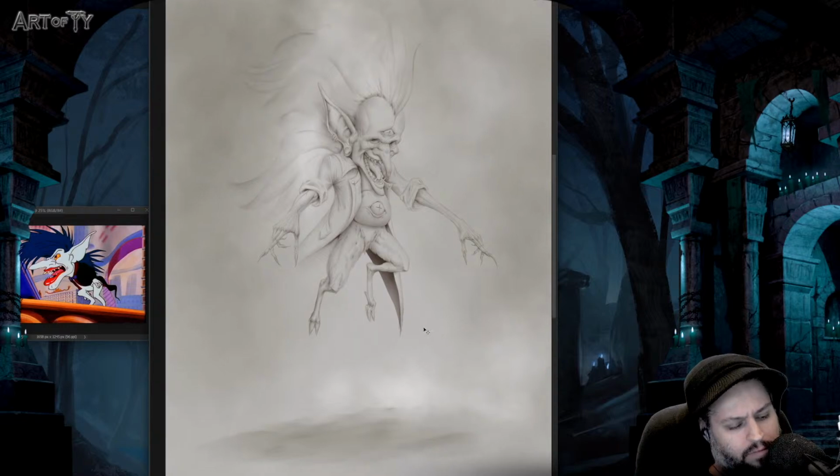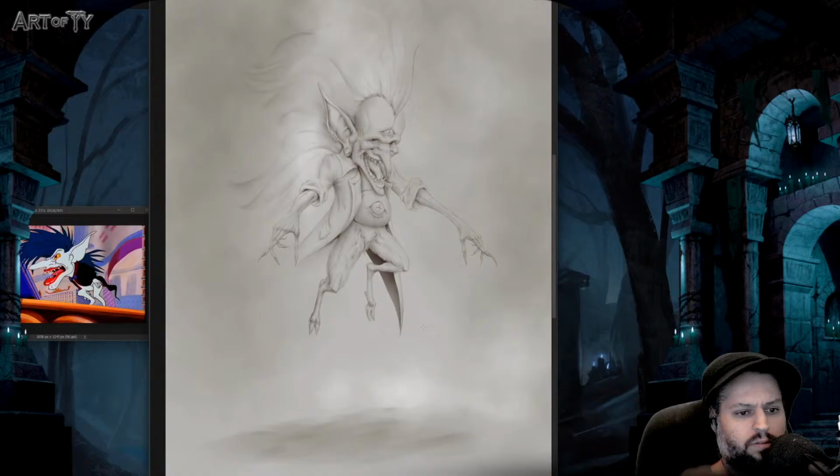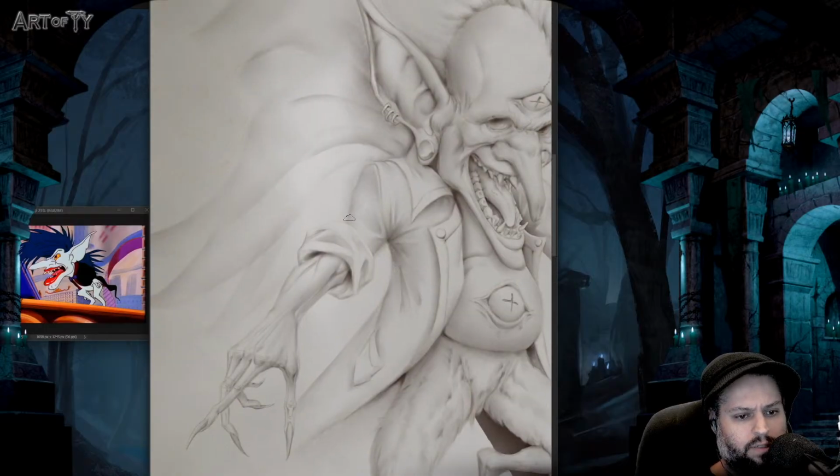Flip it around, still looking pretty decent. Flipped around, a couple areas of darkness we need to establish to keep your eye moving.